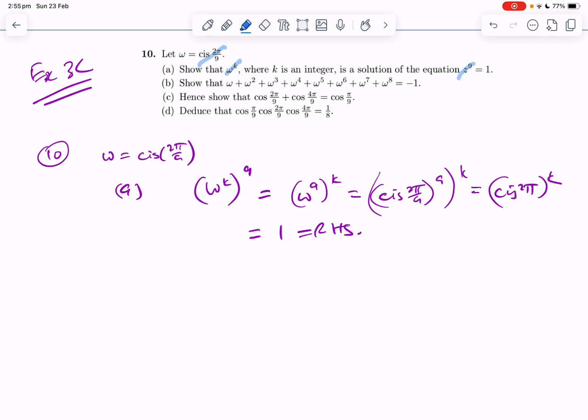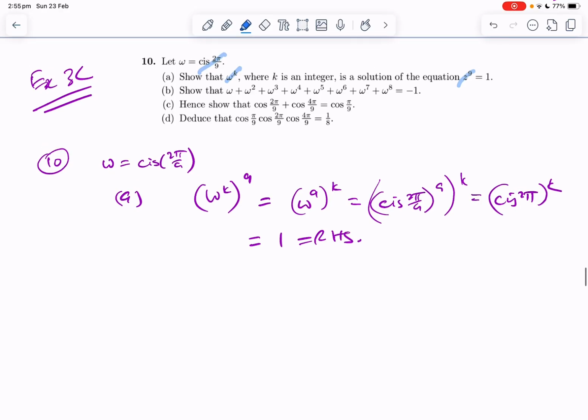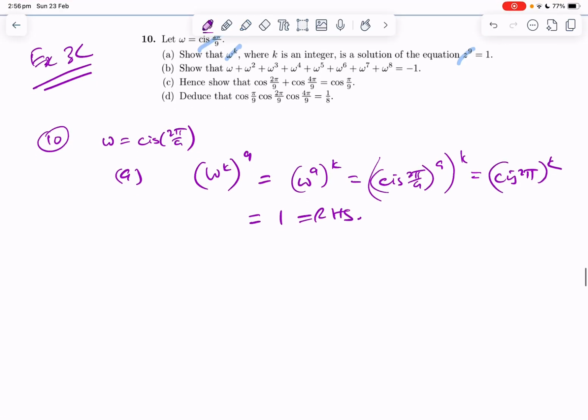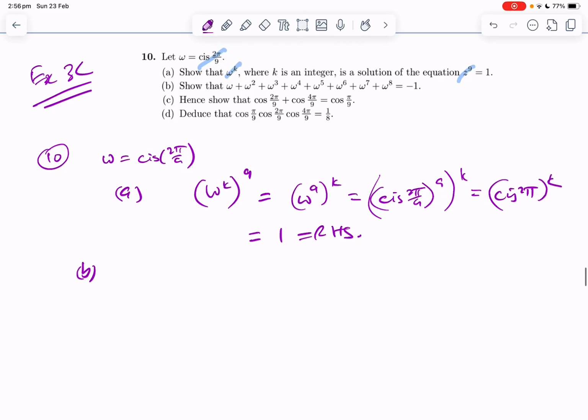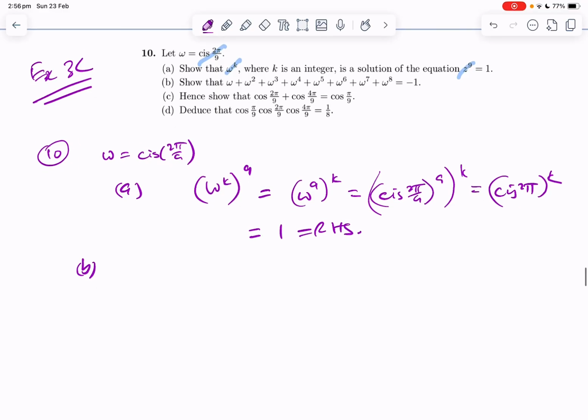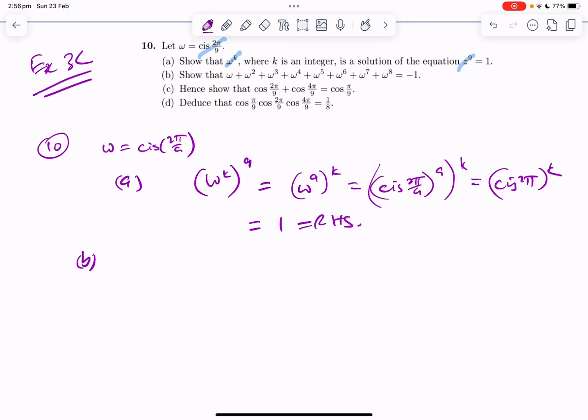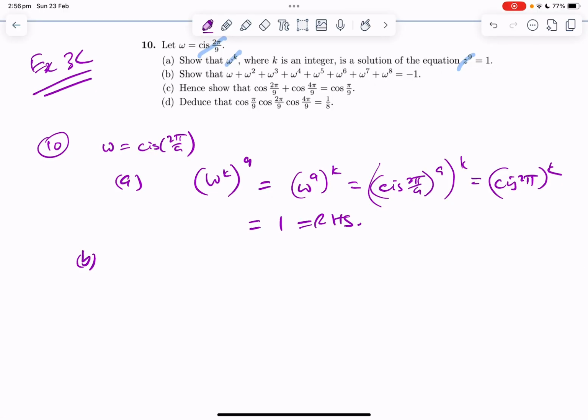Any integer multiple of 2 pi on 9, when you take the cis of it, will be a solution to that equation. You can't get far in this chapter without understanding that already, right? So that's part A. There is an obvious thing that we can clearly understand.